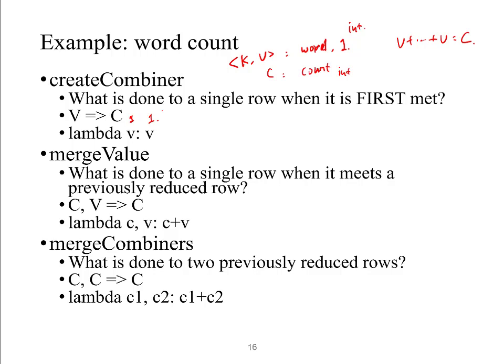For merge value, this function answers the question of what is done to a single row when it meets a previously reduced row. So you have C and V, and remember these are for the same key.